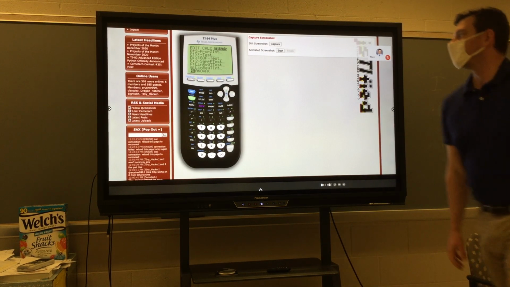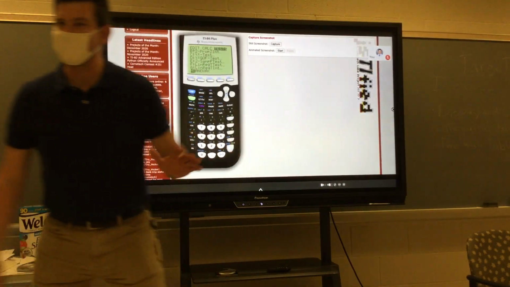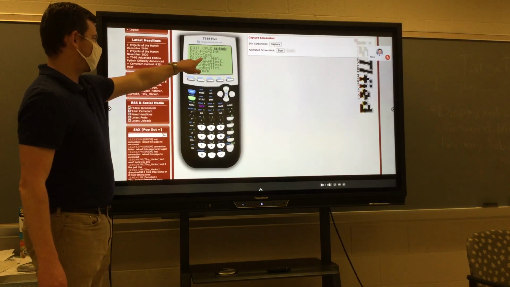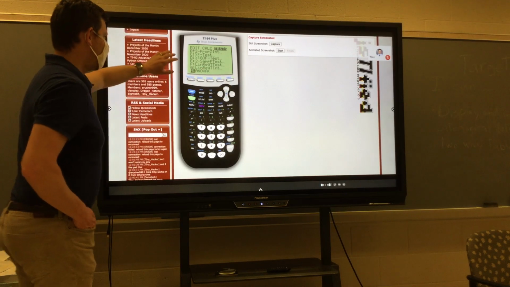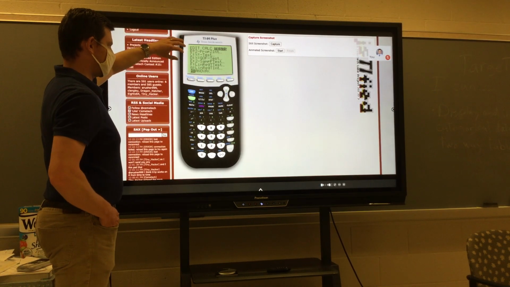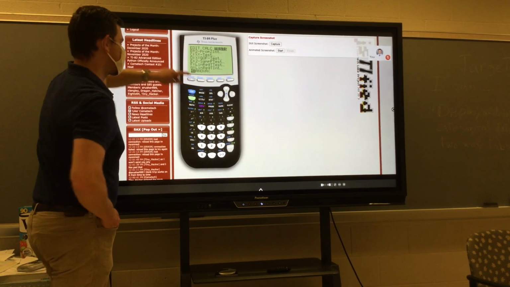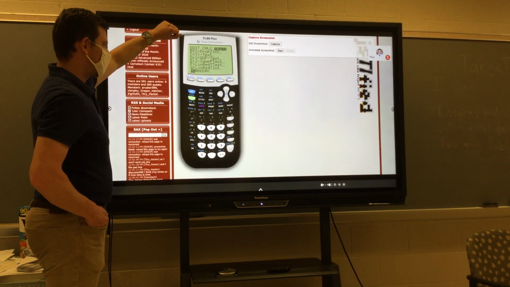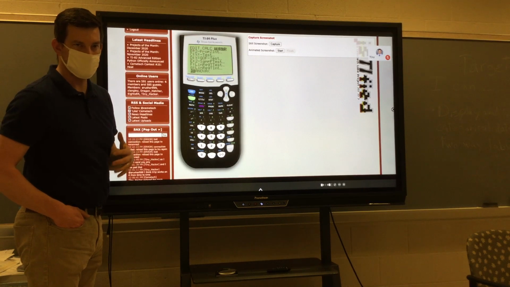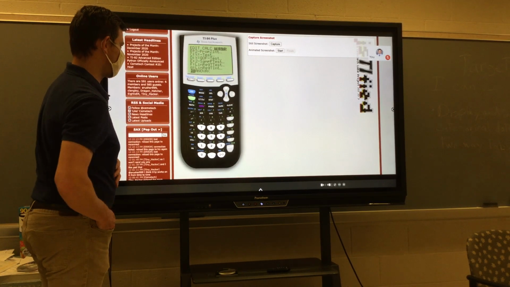If you have a much older calculator, you might not have this GOF chi-square goodness of fit test. We'll deal with that if we need to. You'll have to use GeoGebra in that case. But for right now, we're going to do letter C, which is chi-square test. At least it's letter C on my calculator.